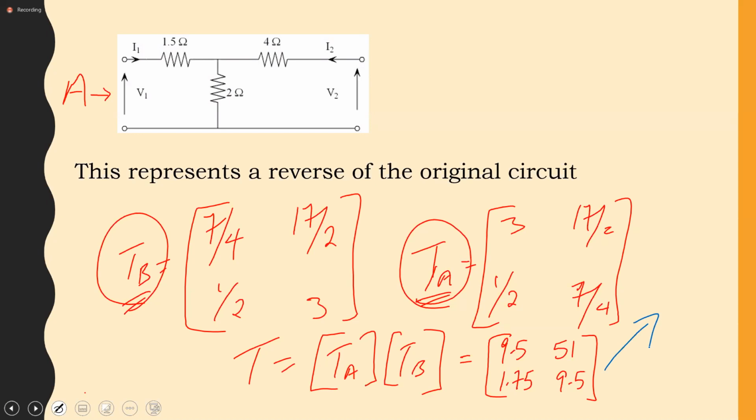You're going to convert the T matrix to Y. Convert that to Y for me. And I'm just double checking to make sure that what we have here is correct.